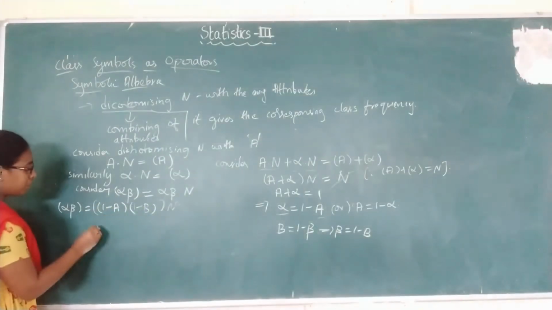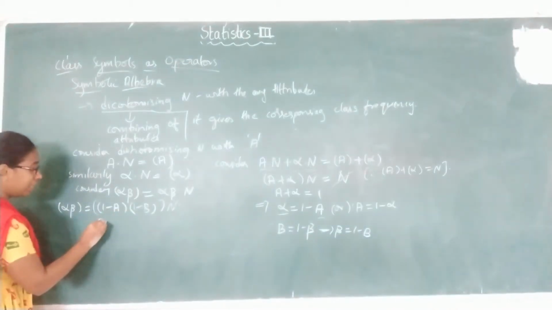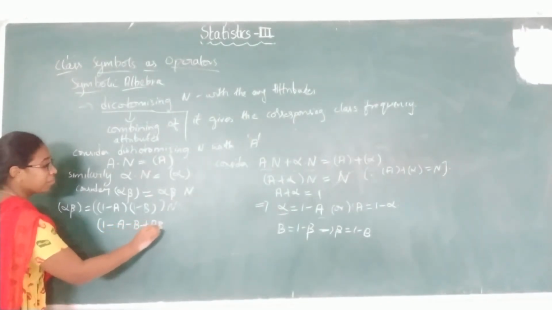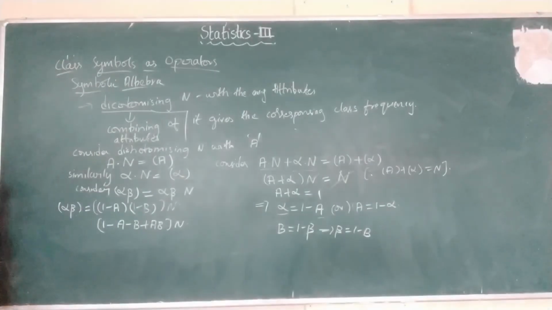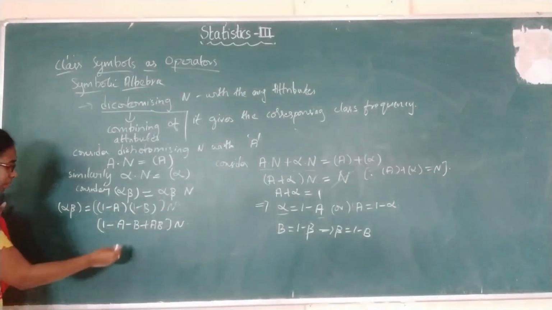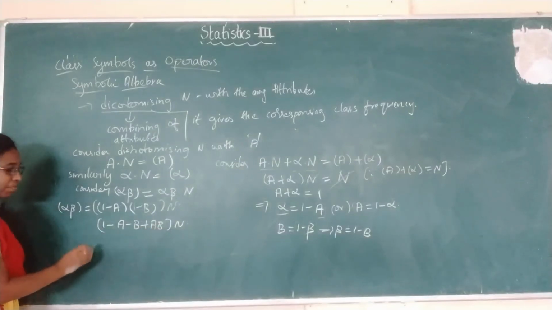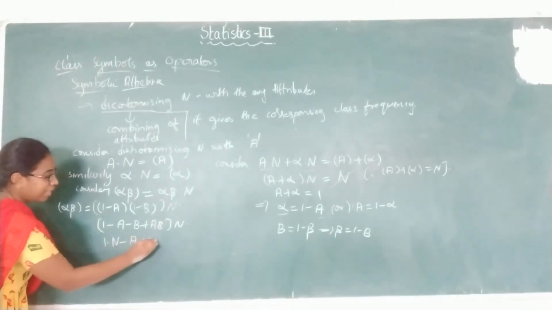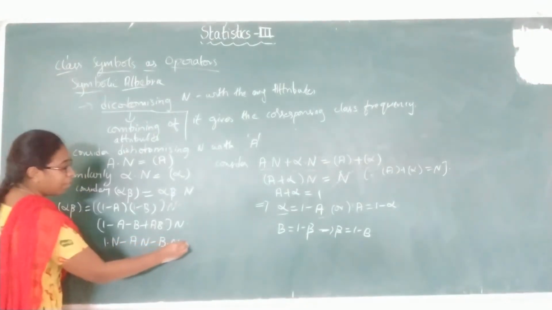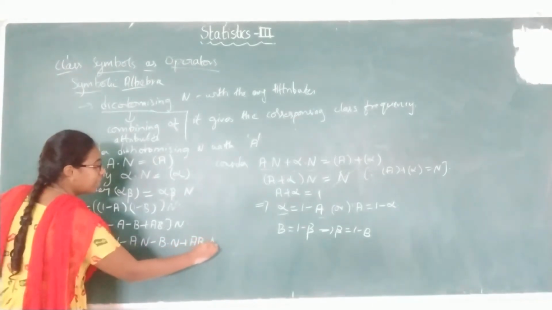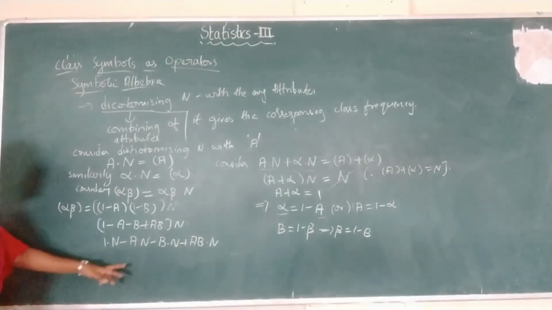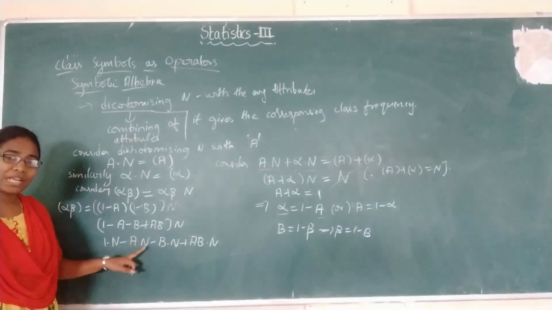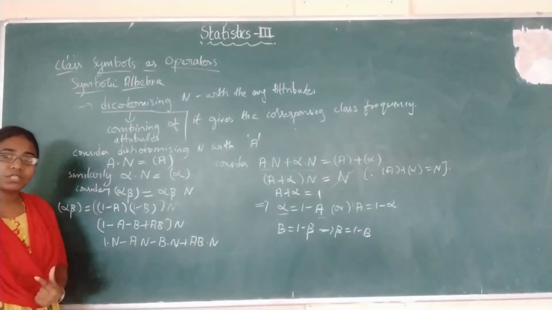Multiply these two terms: 1 into 1 is 1, minus A, minus B, plus AB, into capital N. Now multiply this capital N inside: 1 into N, minus A into N, minus B into N, plus AB into N. And we know that dichotomizing N, that is multiplying any attribute with N, gives us the class frequency.